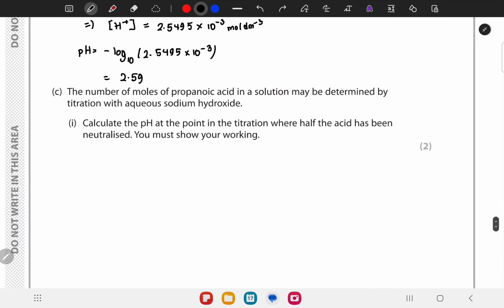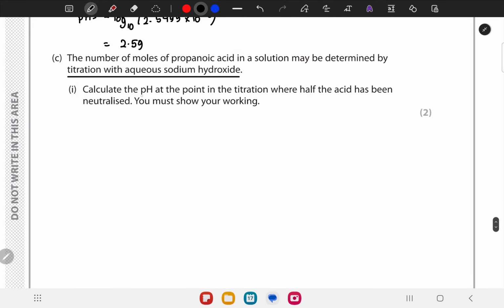Now in part C, we are told that the number of moles of propanoic acid may be determined by titration with aqueous sodium hydroxide. We have to calculate the pH at the point in the titration where half the acid has been neutralized. When half the acid has been neutralized, pH will be equal to pKa.